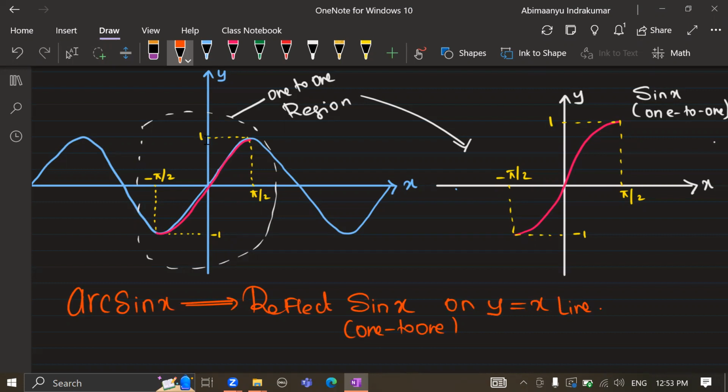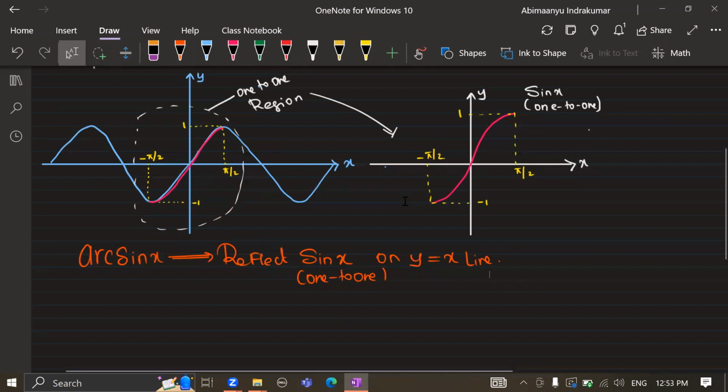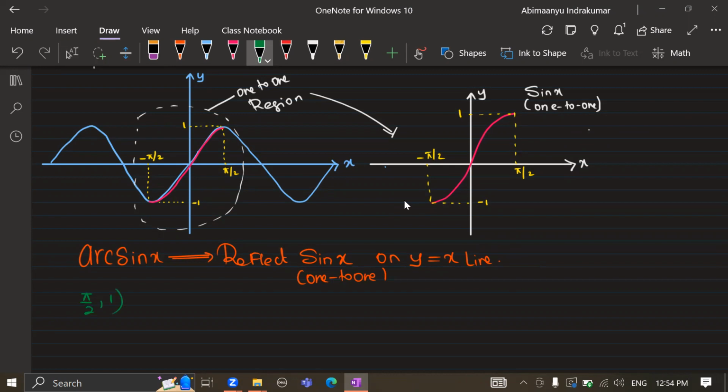What would happen if I reflect a graph on the line y equals x? If I do that for the sin x graph, the critical values of sin x, pi by 2, 1, transform into 1, pi by 2.